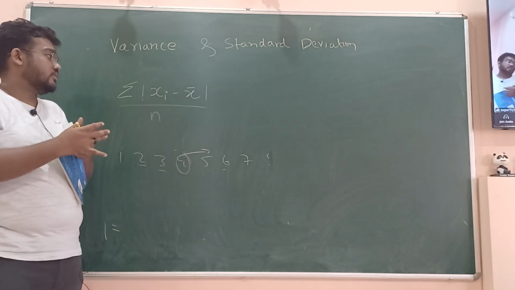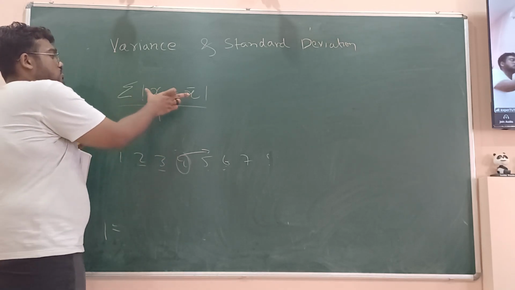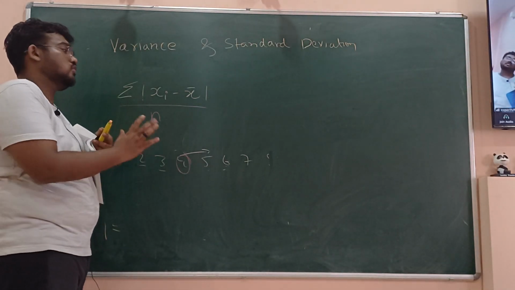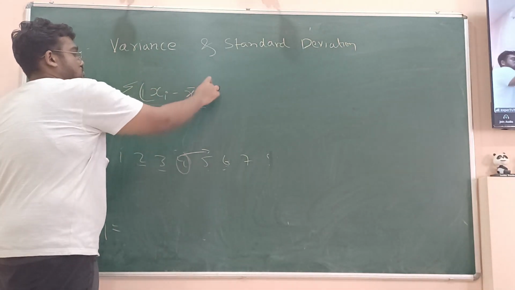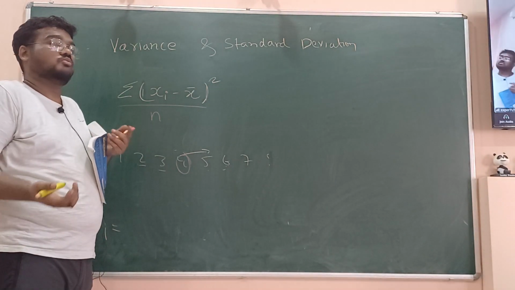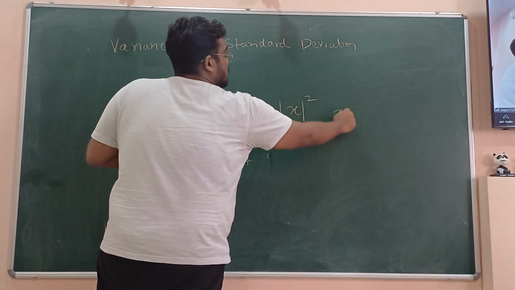What should we do for that? Simply do some operation. You're doing this operation to get a positive result, right? So what you do is you simply do square. No, mod square, and very interesting question: mod square and just square, both are the same thing.